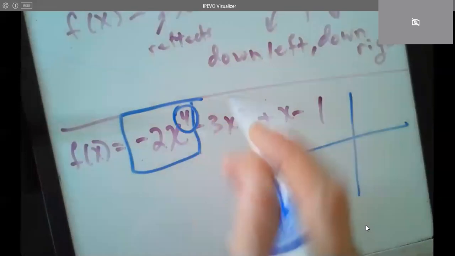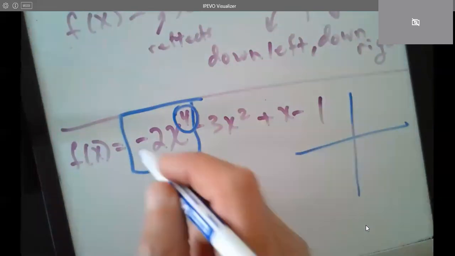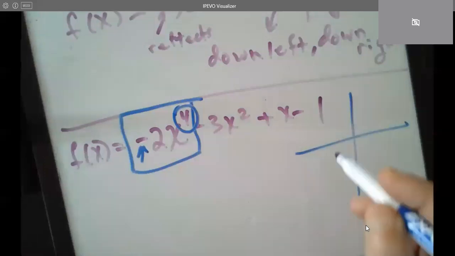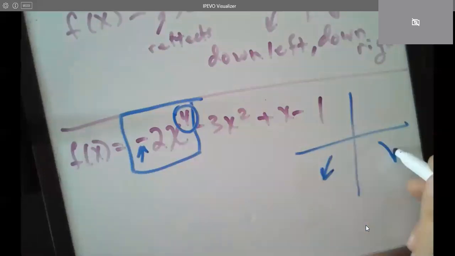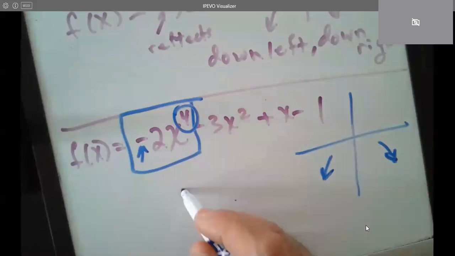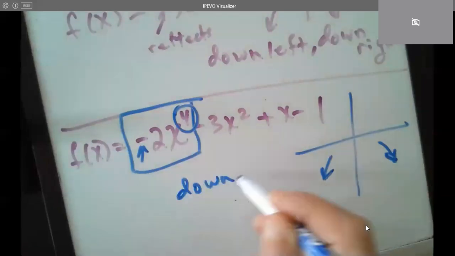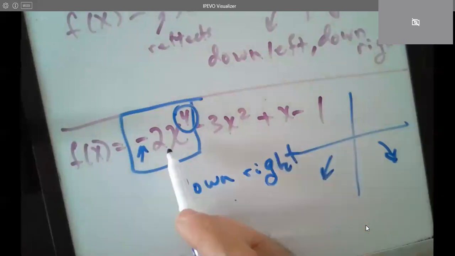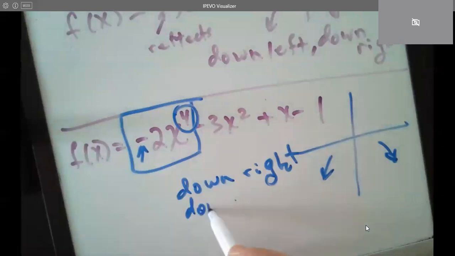So it's even and it's negative. So our end behavior is going to be what? Down, right, down, left. So it's going to look like the first one? Yeah, the first term is the only one that's going to tell you what the end behavior is. Okay, down, right, down, left.